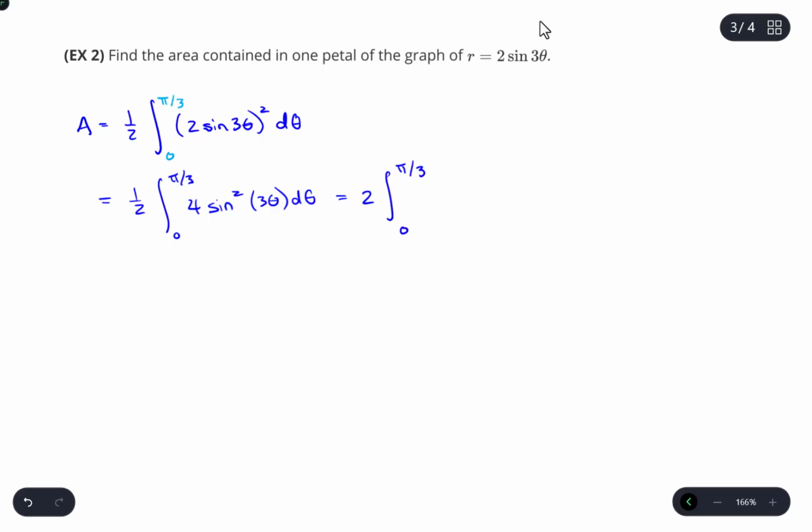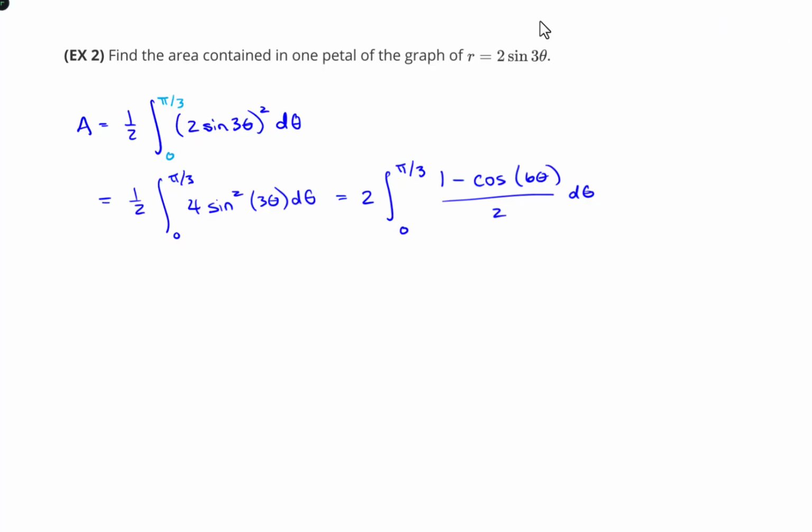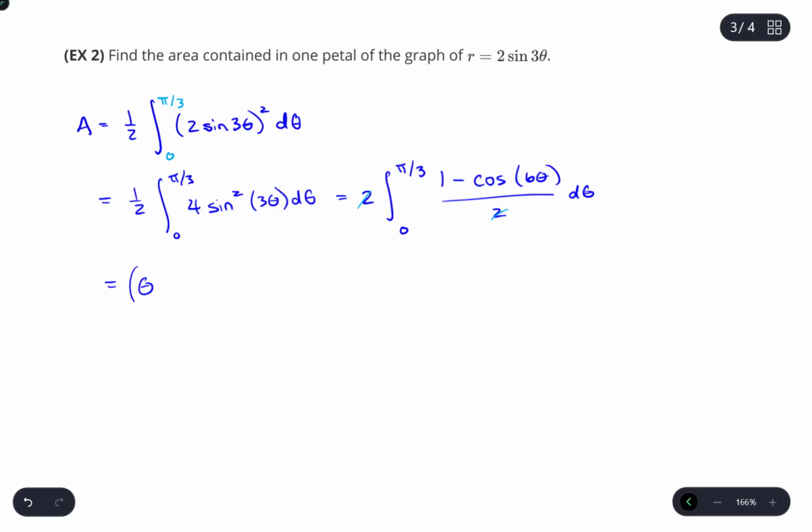But in order to integrate sine squared, we had to switch and use a trig substitution and write this as 1 minus cosine of double that angle divided by 2. All right, so that was the power reducing formula. And it looks like these factors of 2 will actually just cancel each other out. And when I integrate 1, that's going to give me theta.